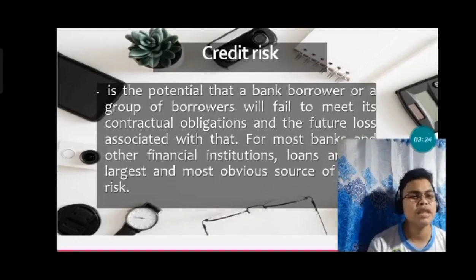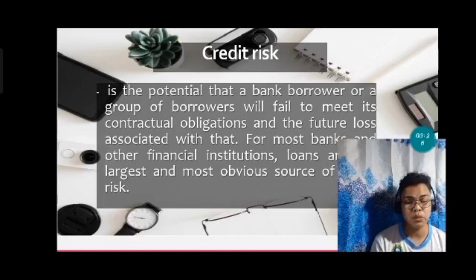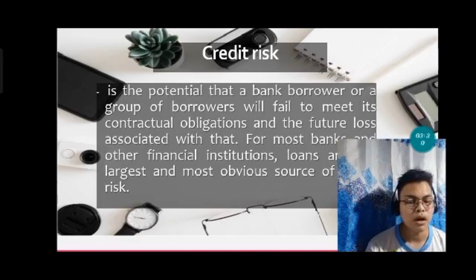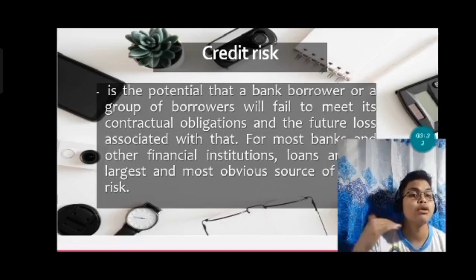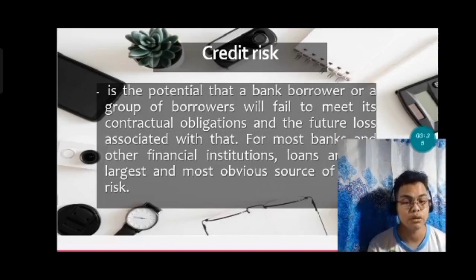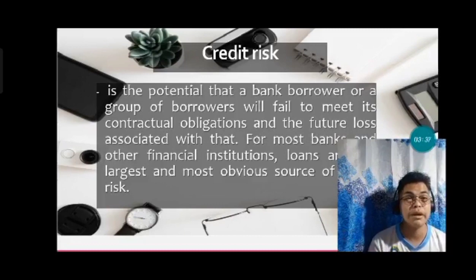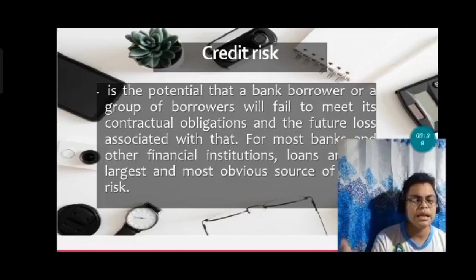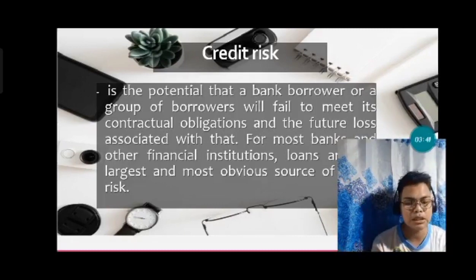In a transaction or financial intermediation, it's impossible to know exactly who among those borrowers will default on their obligations. So it's very important to properly assess and manage credit risk to lessen the severity of loss.